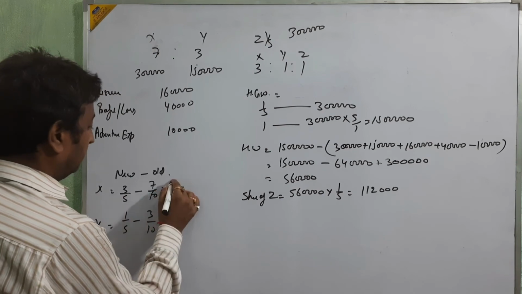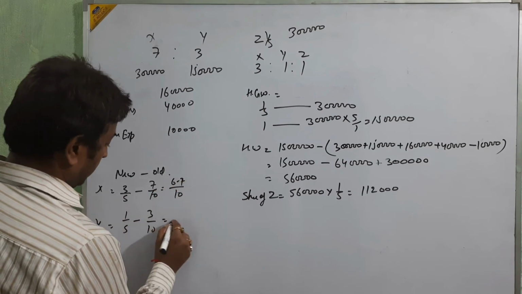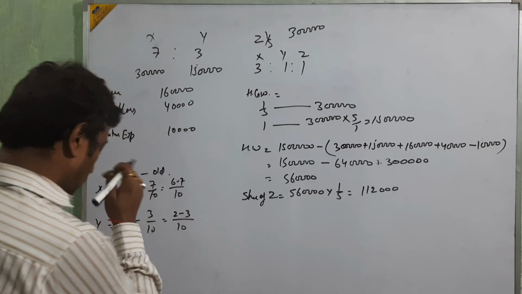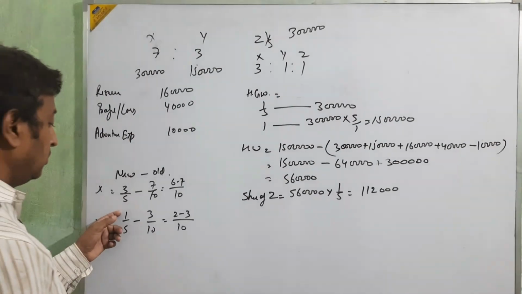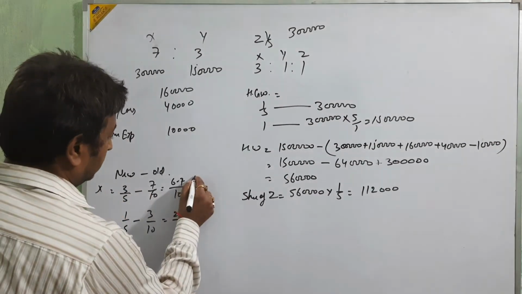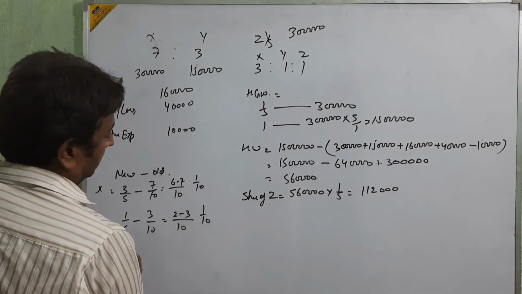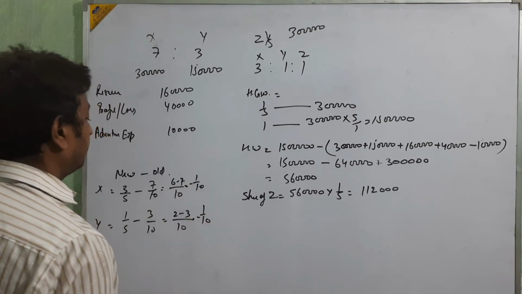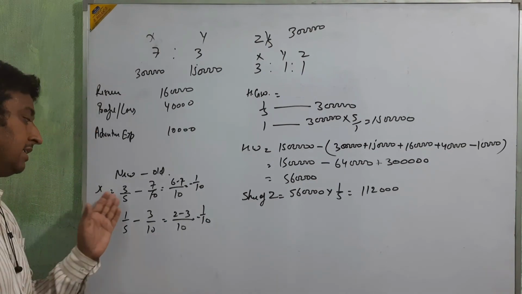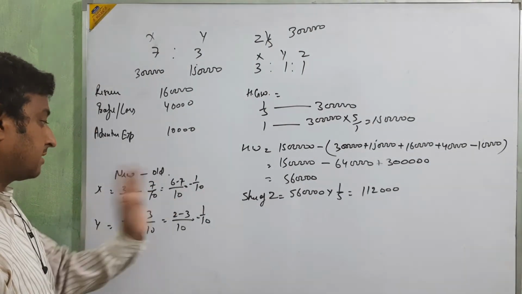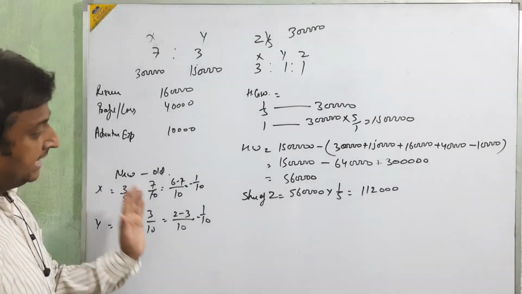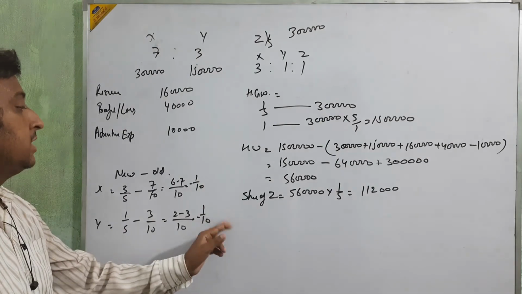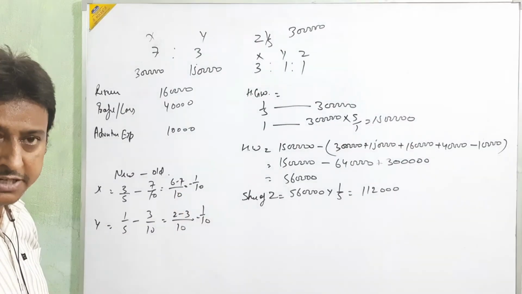Taking 10 as the common denominator, 6 minus 7 and 2 minus 3. It means minus 1/10 and minus 1/10. So it is sacrificing, since no one is gaining. So we distribute 1:1, because the sacrificing ratio is this only.